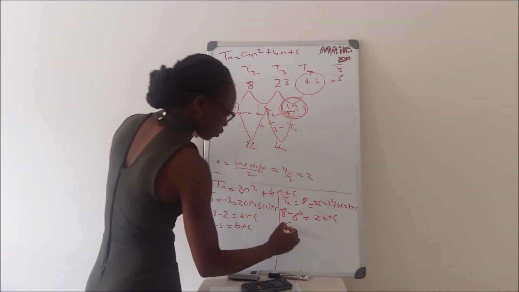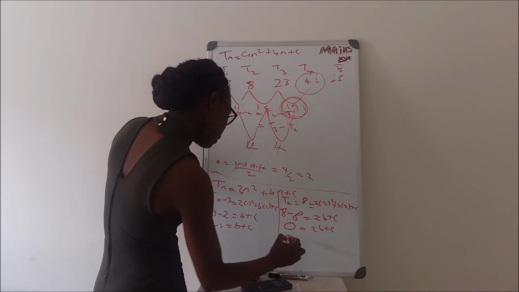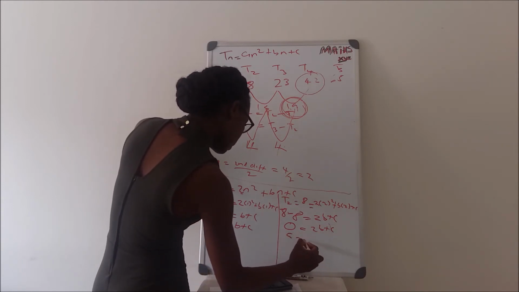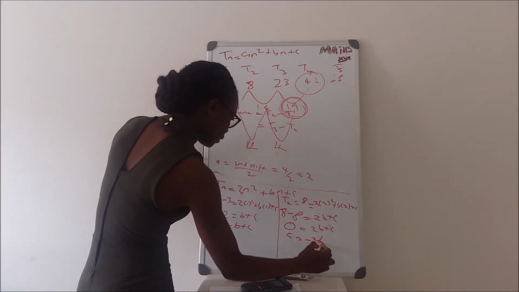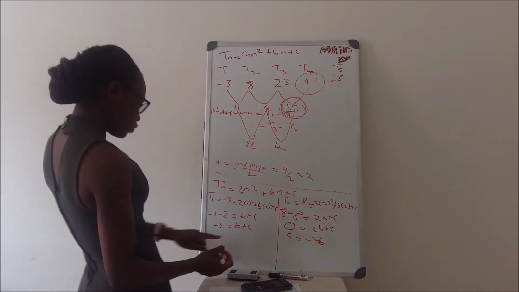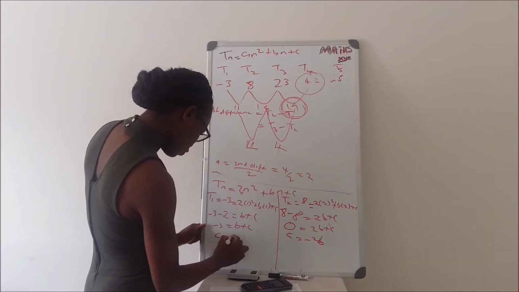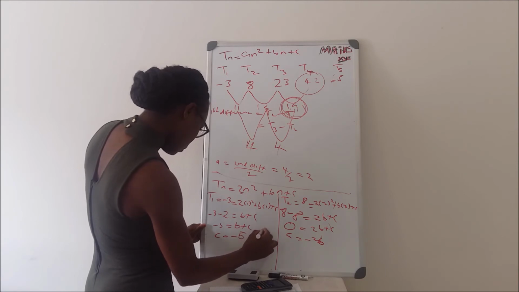That makes sense. So that would be 0 equals 2b plus c, of which our c, if I make it the subject of the formula, will be c is equal to -2b. From the first equation, if I make c the subject of the formula, it will be -5 minus b.